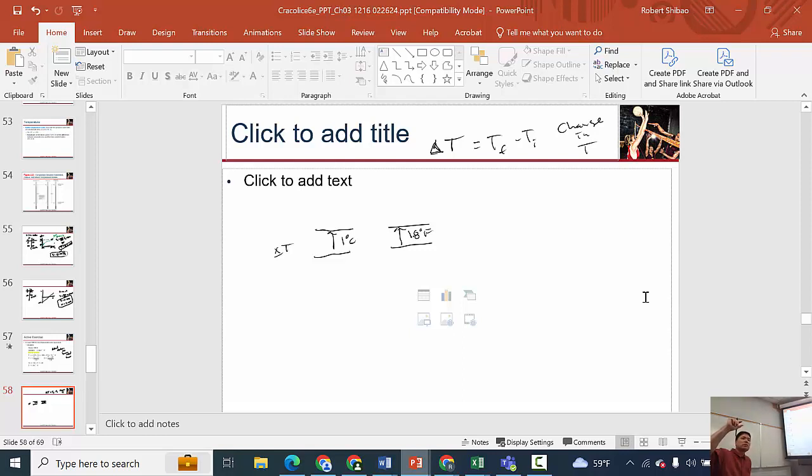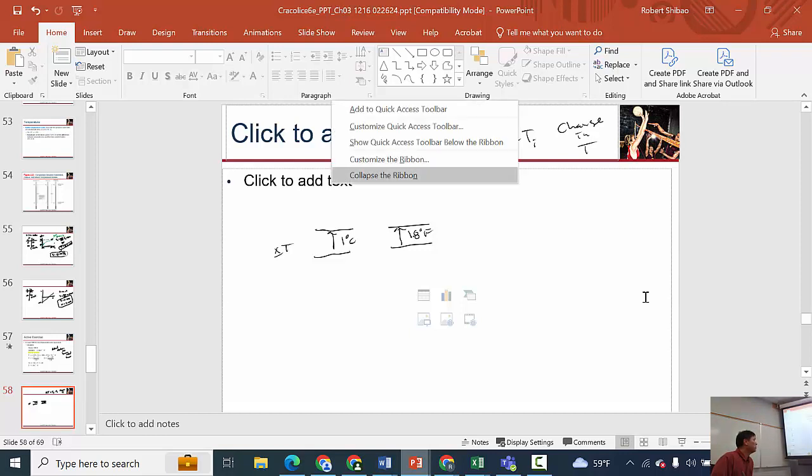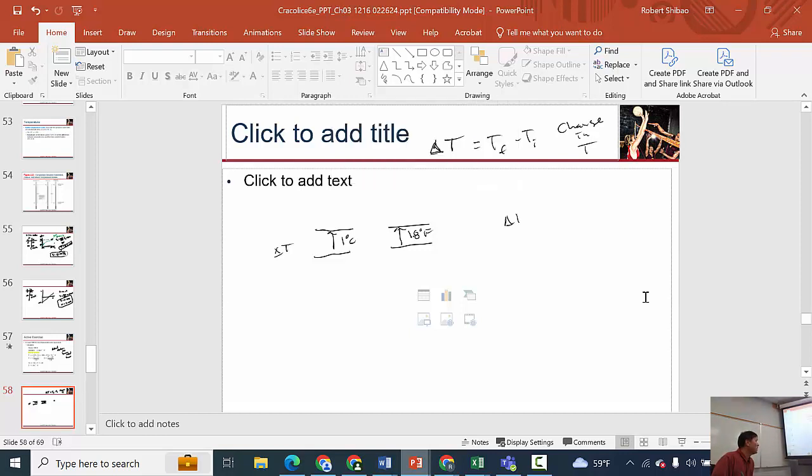So each Celsius degree is equivalent to 1.8 degrees Fahrenheit. And so if I had a delta T equal to 1 degree C, then that's equivalent to 1.8 degrees Fahrenheit because a Fahrenheit is a little bit smaller. It's about half the size of a Celsius. Does that make sense? This is what we call a change.